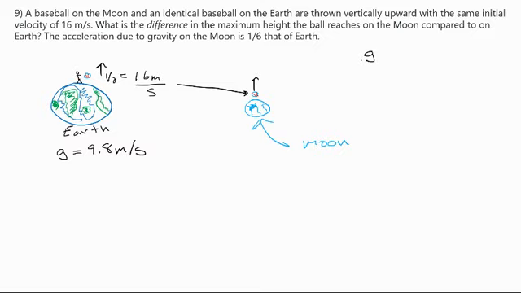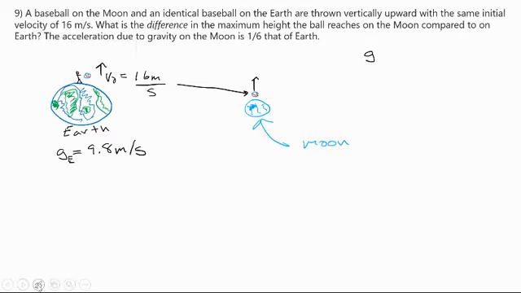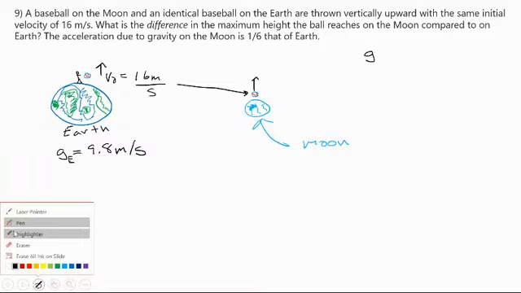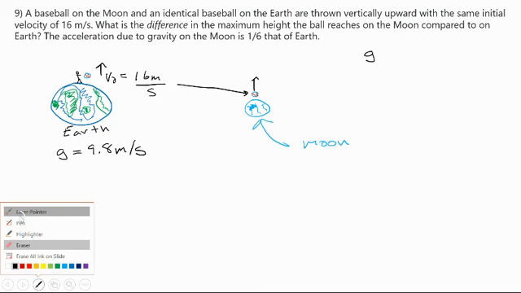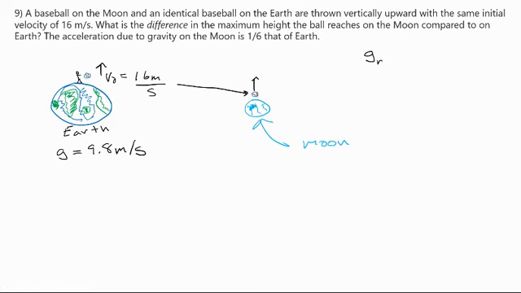Now the gravity on, and we'll call this G Earth, that's a little E there. Actually, I'm just going to call it G. And the gravity on the moon is equal to 9.8 divided by 6 meters per second squared.